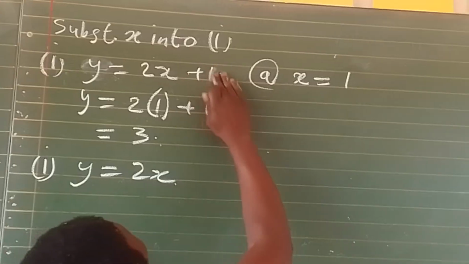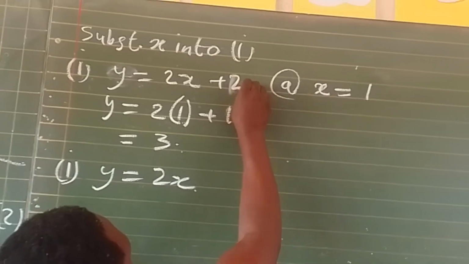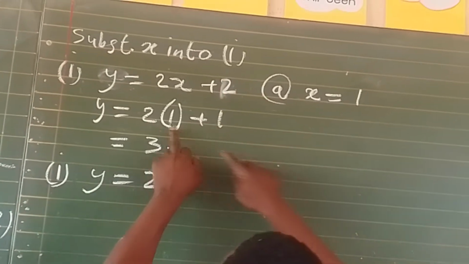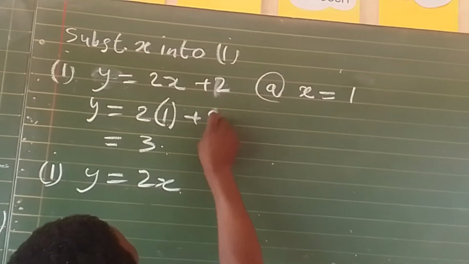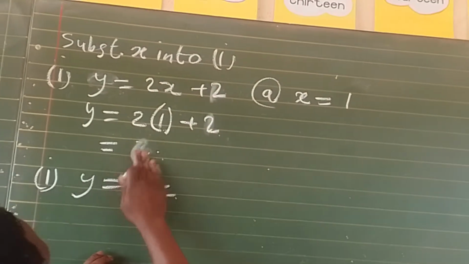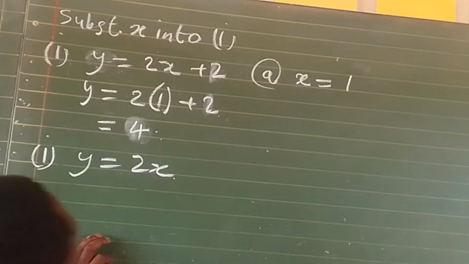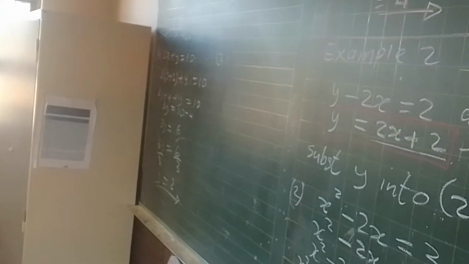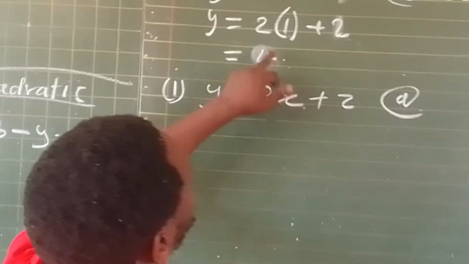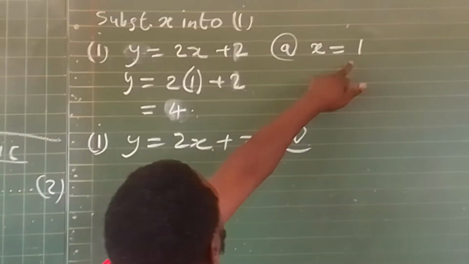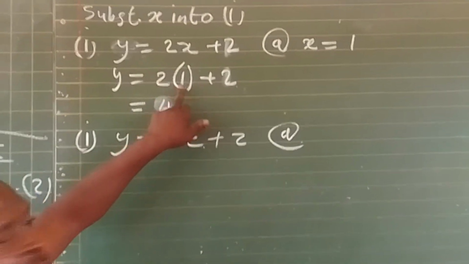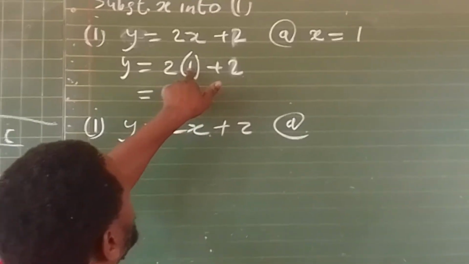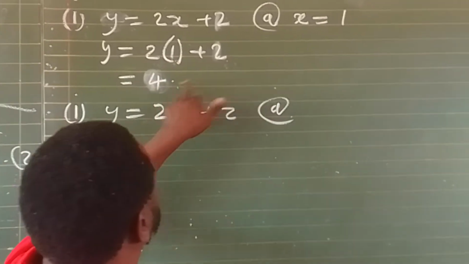When you substitute here, you get a 2, and the 2 and 2 give you a 4. You take the first value of x, which is 1. You put your 1 here. Then you multiply 2 and 1, you get a 2. 2 plus 2 is 4.